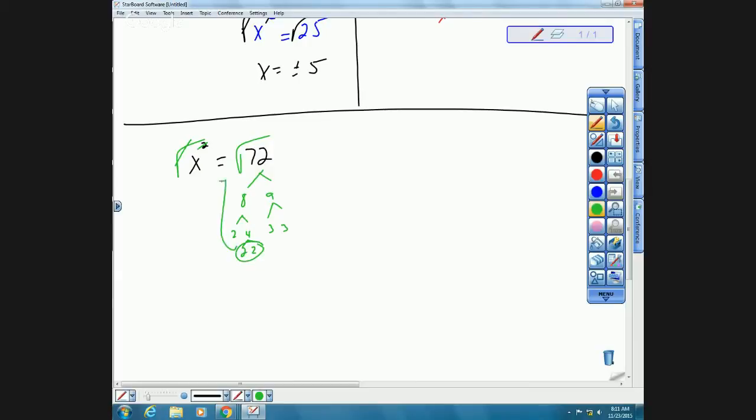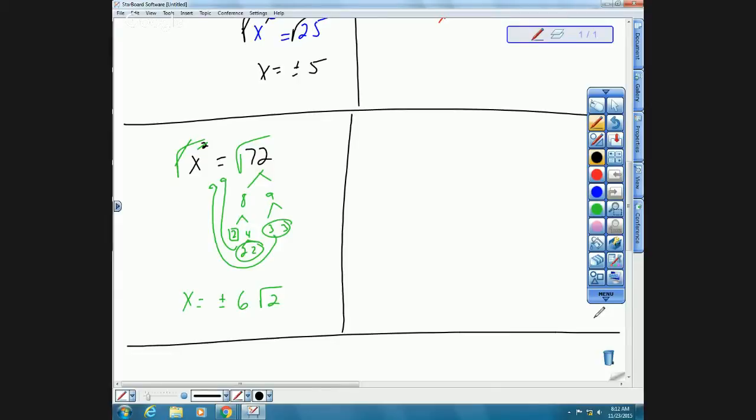The 2's come out, and the 3's come out, and this 2 doesn't have any friends. So you get 6 on the outside, and the square root of 2. You've got to put plus or minus because we did the square root. So we're going to break down radicals again today. If you have the negative on the square root, you got to put I. Oh, I know what I need to do. Yeah, we'll just start with something like this.